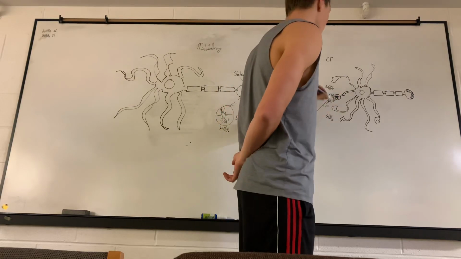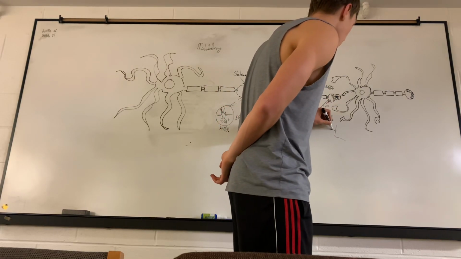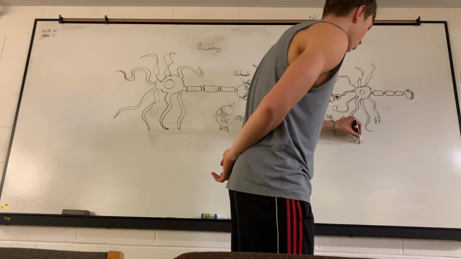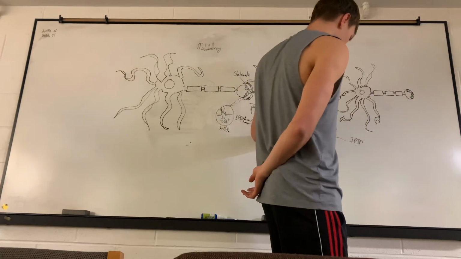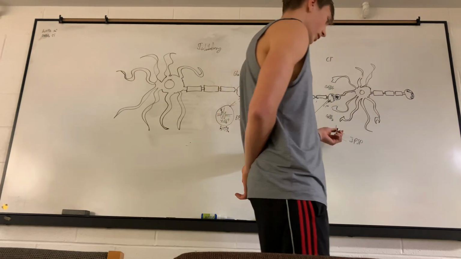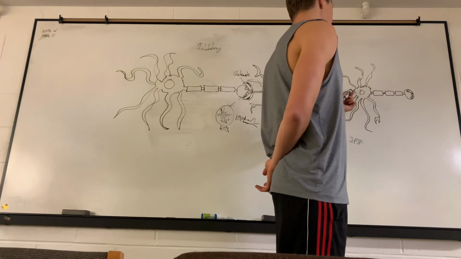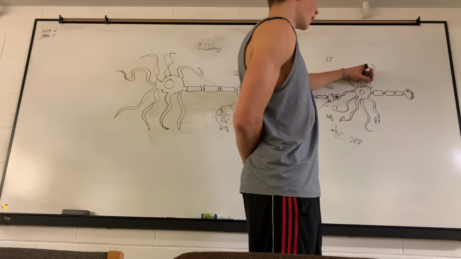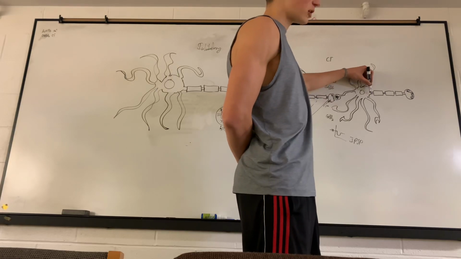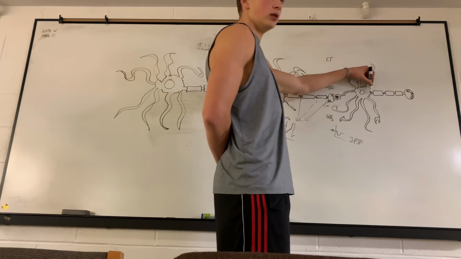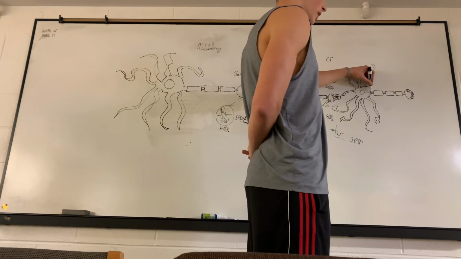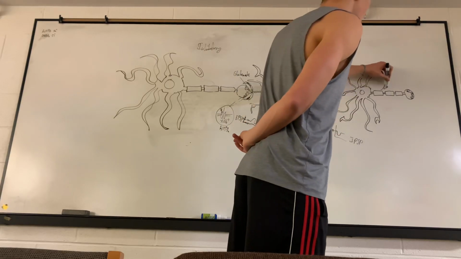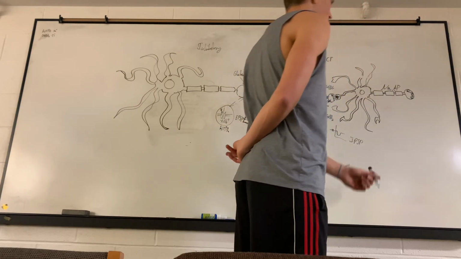So if we have enough of these IPSPs, or inhibitory postsynaptic potentials, which cause hyperpolarization, we'll get the chloride to diffuse down into the cell, and they'll reach the axon hillock, where they'll make it harder for an action potential to be propagated or induced because of the hyperpolarization caused by the chloride. So we'll see no action potential get triggered.